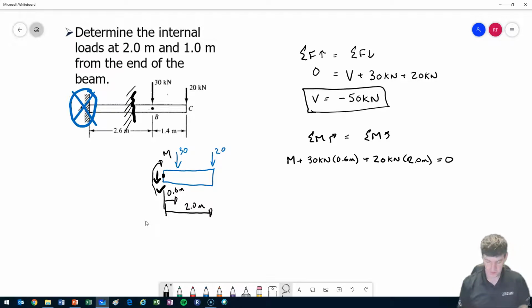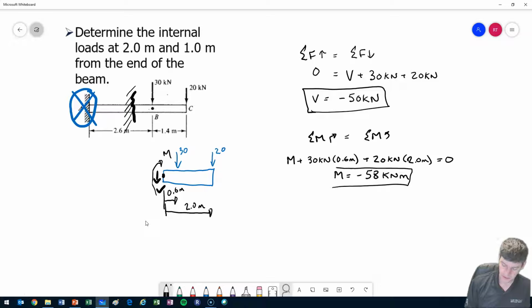And let's see, 30 times 0.6 plus 20 times 2 gives me an M value in this case of negative 58 kilonewton meters, or, sorry, negative 58,000 newton meters. Okay, so I have my two values.